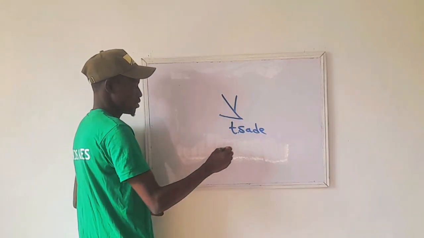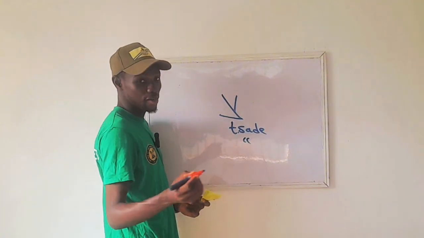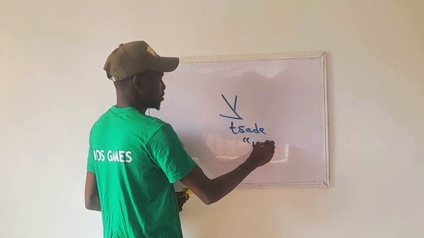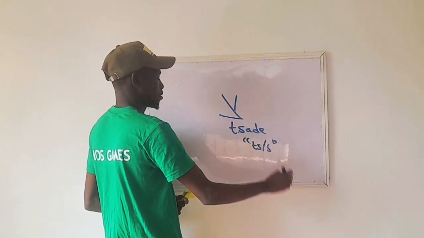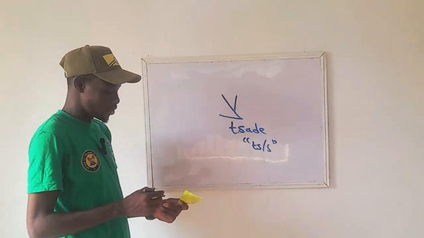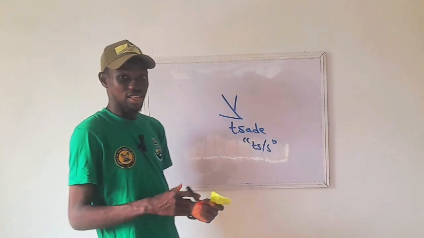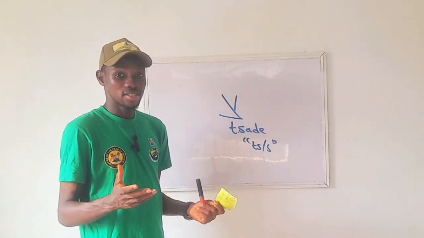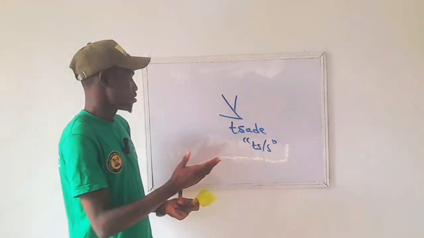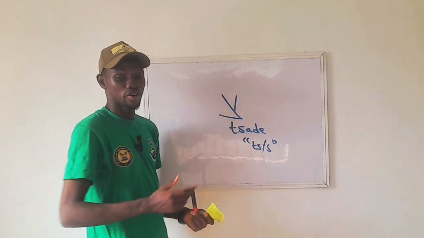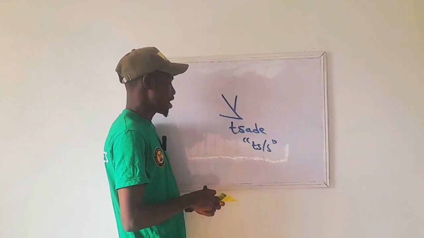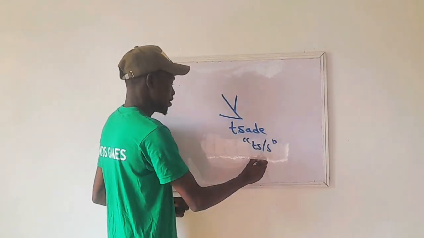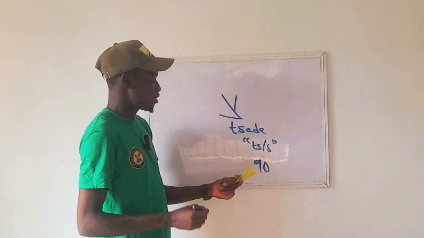All right, so it is equivalent, can be S or TS. All right, so remember that now we have two letters that can make the S sound, because we have Sad and we also have Samek that we looked at earlier. The numerical value is 90.